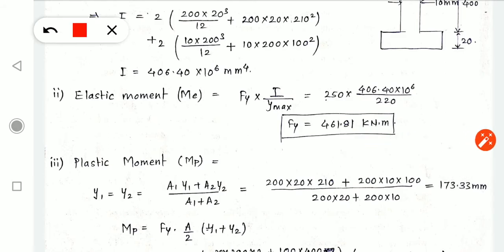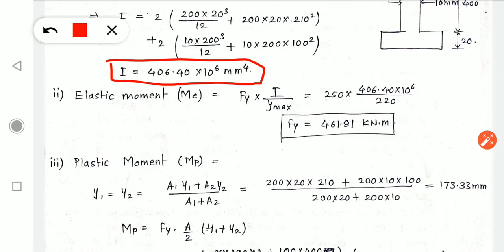Now if we solve this formula with these values, you will get I equals 406.40 into 10 to the power 6 mm raised to 4. Now calculating the elastic moment, ME. ME will be Fy into I by Y max.